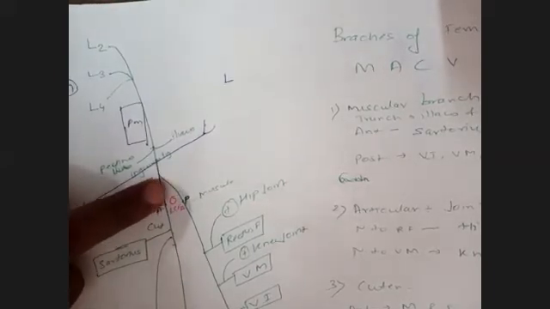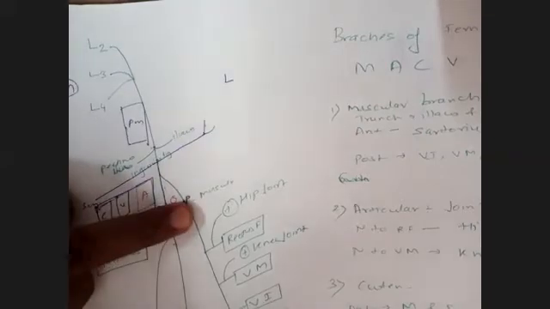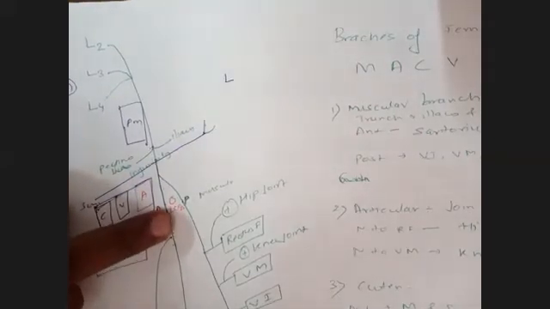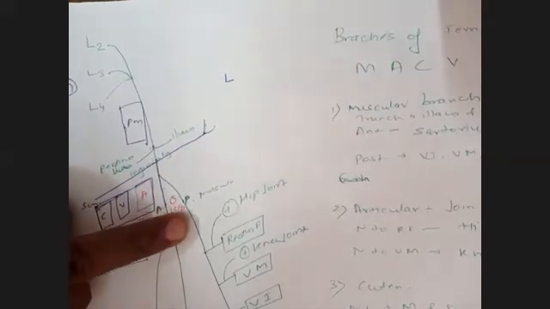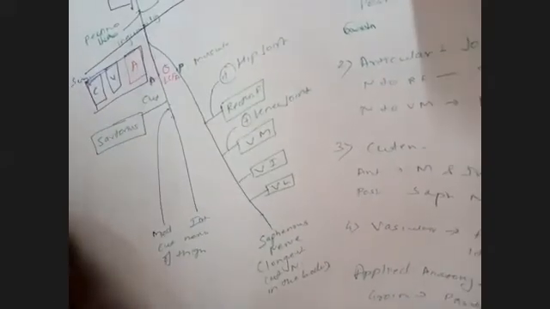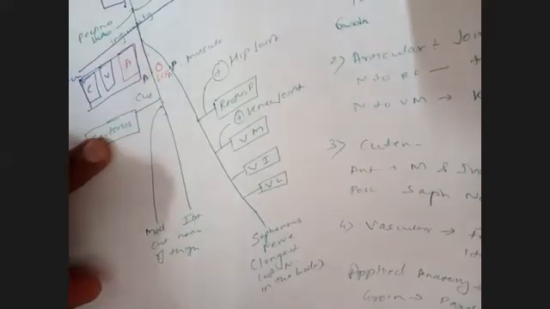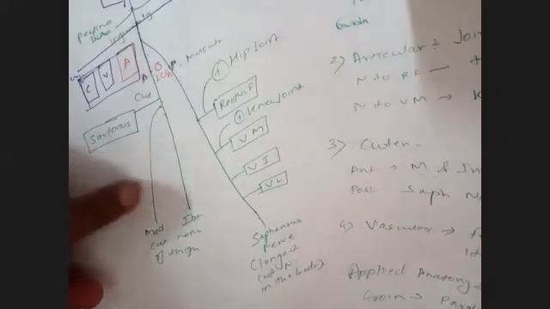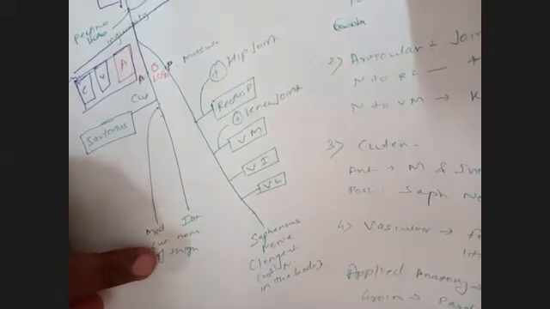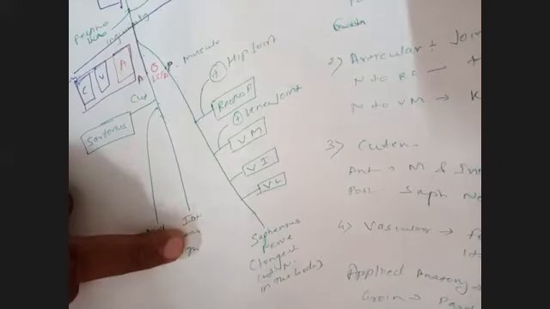And then immediately it divides into anterior branch and posterior branch, which are separated by the lateral circumflex femoral artery. Anterior branch supplies sartorius. And then the remaining branches are cutaneous, the medial cutaneous nerve of thigh and intermediate cutaneous nerve.